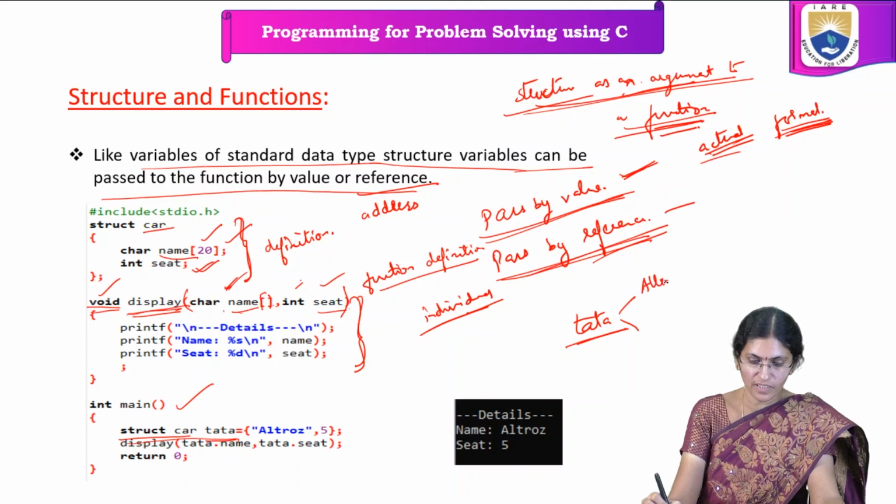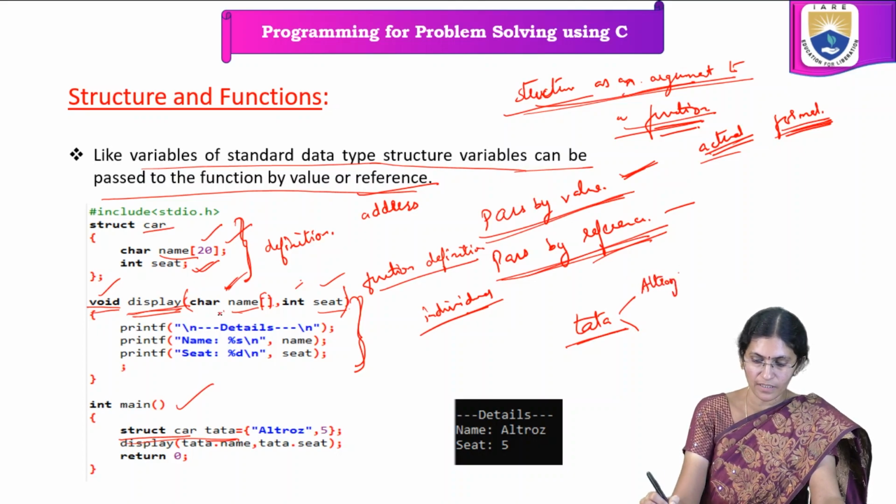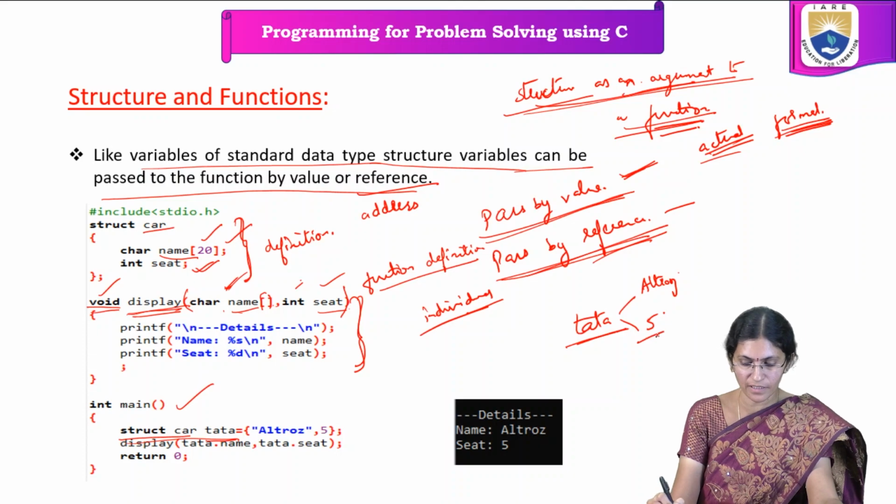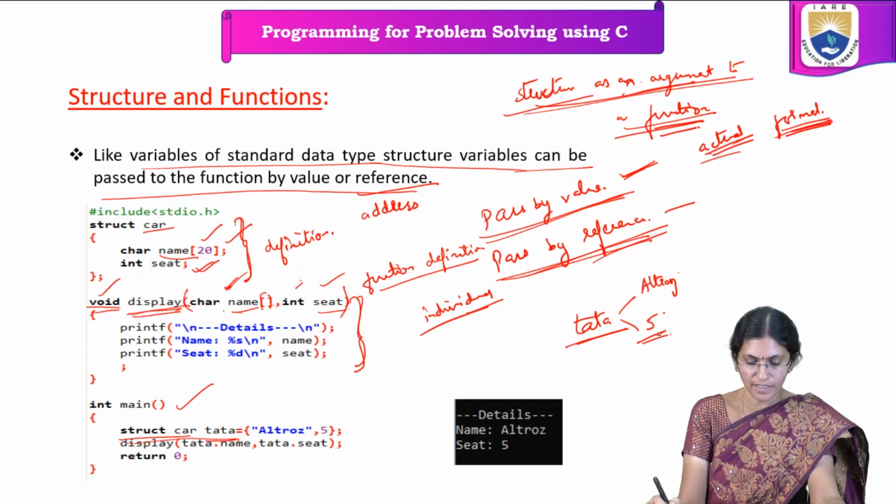The first one is the name of the car, that is Altroz, and the next one is the seating capacity, that is 5. So seat here is assigned as 5. In this way we can assign the members of this variable Tata.